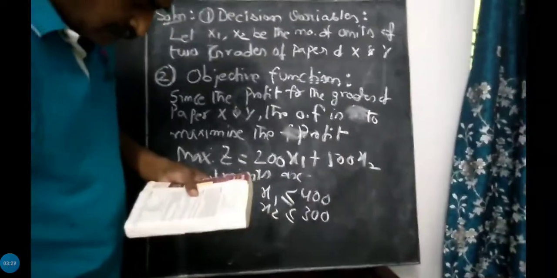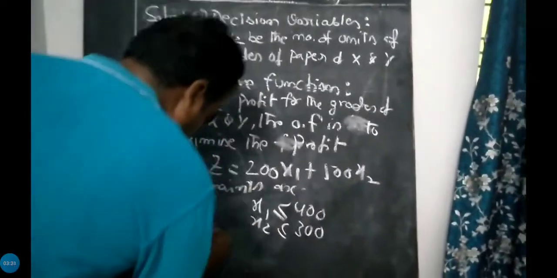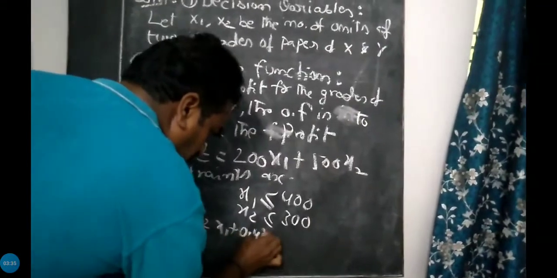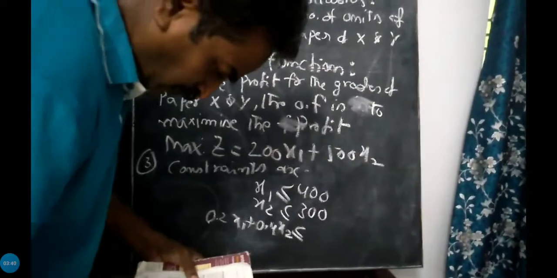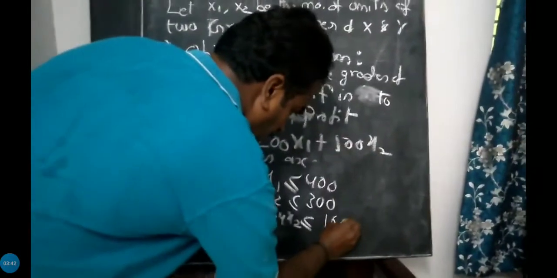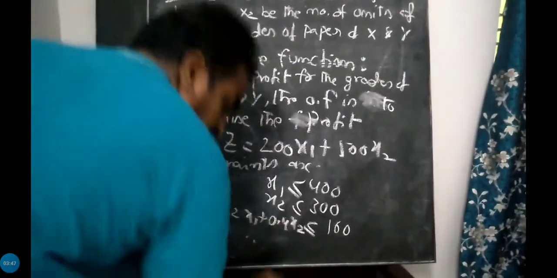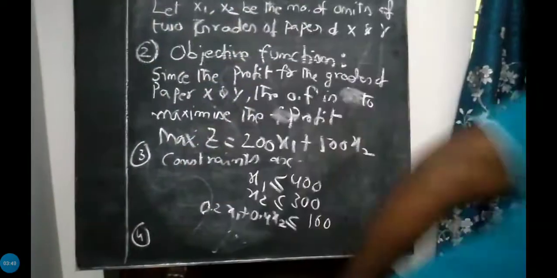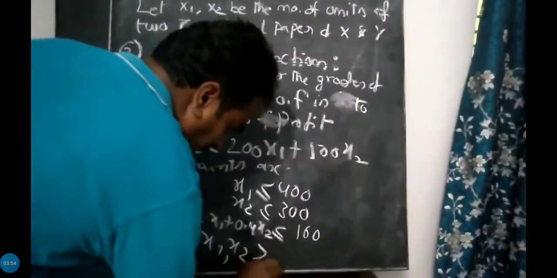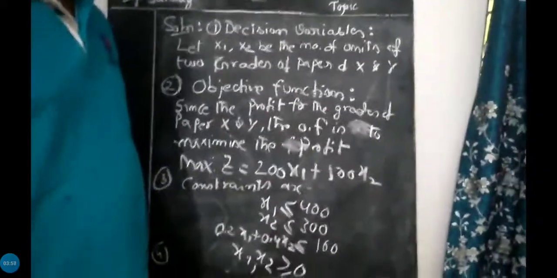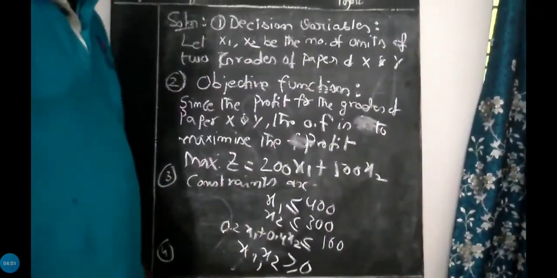Third one is 0.2 x1 plus 0.4 x2 is less than or equal to 160. Finally, the fourth one is always x1, x2 is greater than or equal to zero. This is the formulation of the LPP of the above problem.